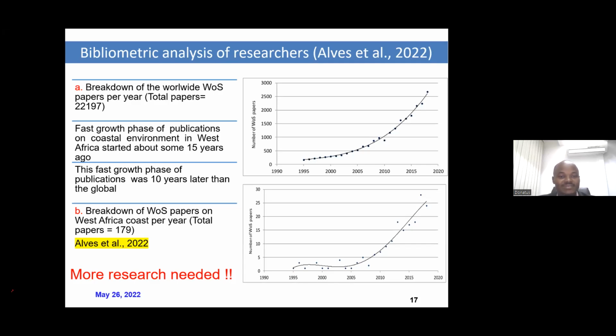If you look at the figures on this slide, the top one is global Web of Science papers that have been published, and the bottom one is that of West Africa.